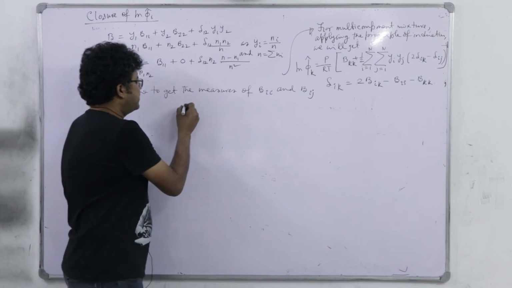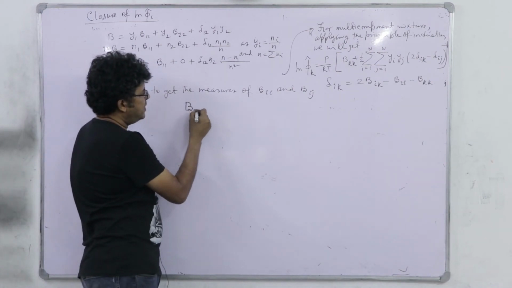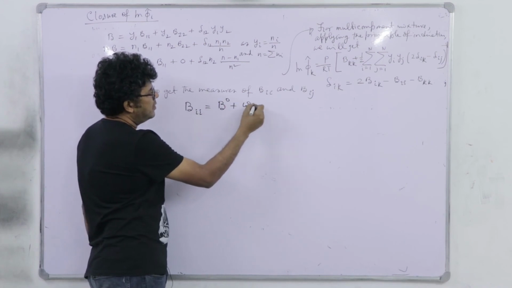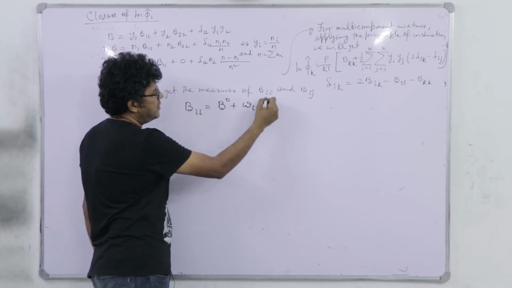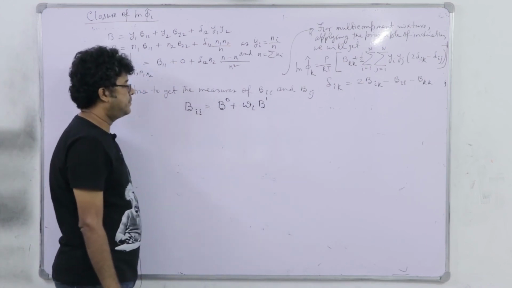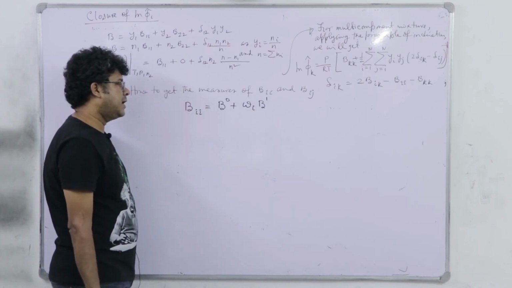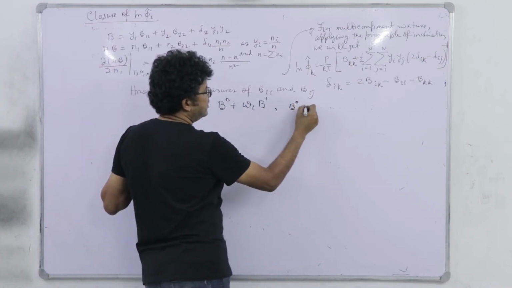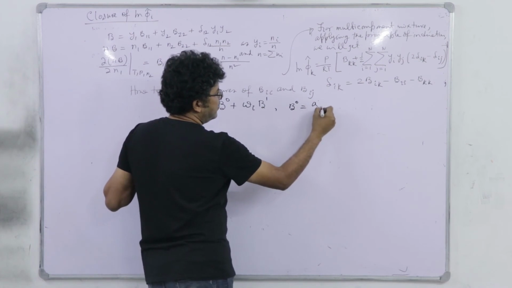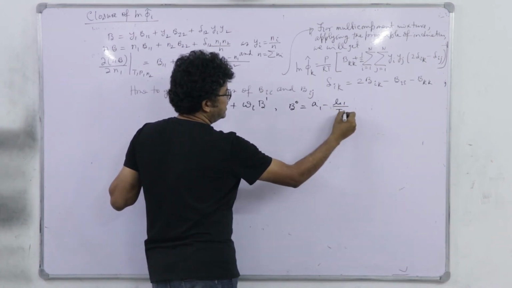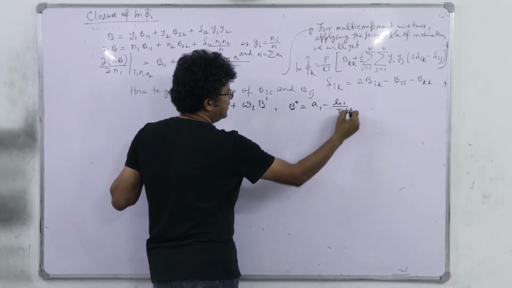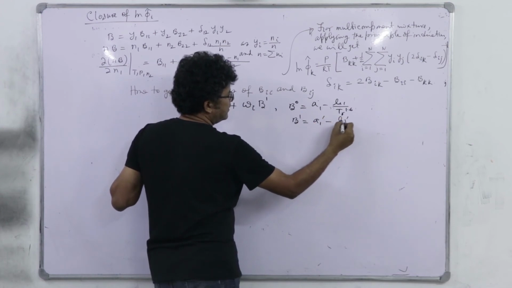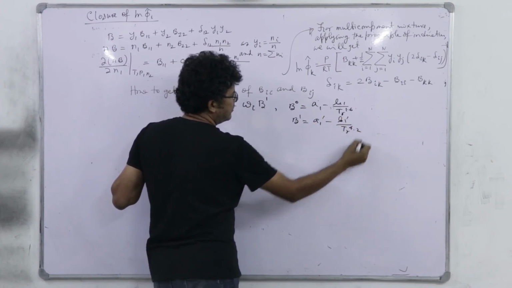So, you see for pure species, Bii, right, it is B0 plus omega i B1, and we have already discussed that B0 is some A1 minus B1 divided by TR to the power 1.6 and B1 is equal to A1 prime minus B1 prime divided by TR to the power 4.2.